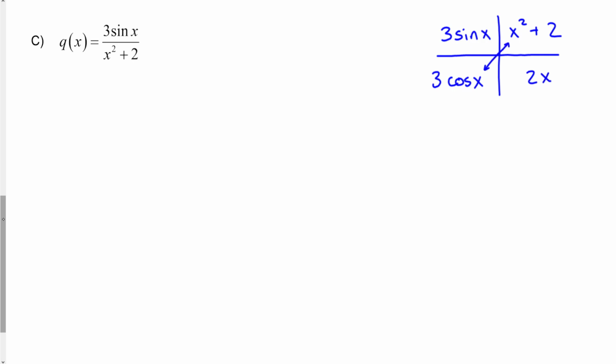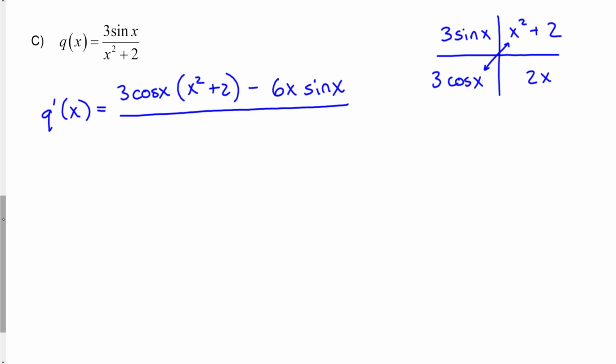And just remember, these two corners multiply first. So the derivative of the function q is going to be 3 cosine x times the quantity x squared plus 2 minus, I'll go ahead and do some combining here, so 2x times 3 sine x would be 6x sine x, all over the original denominator squared.